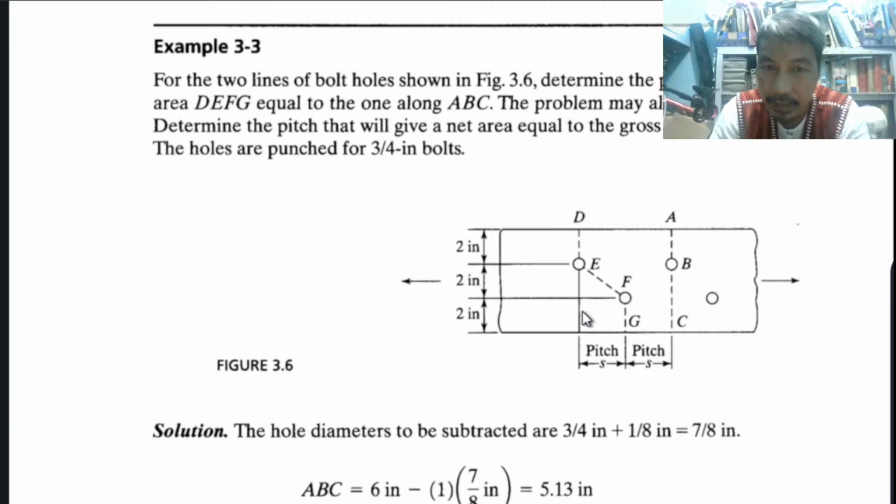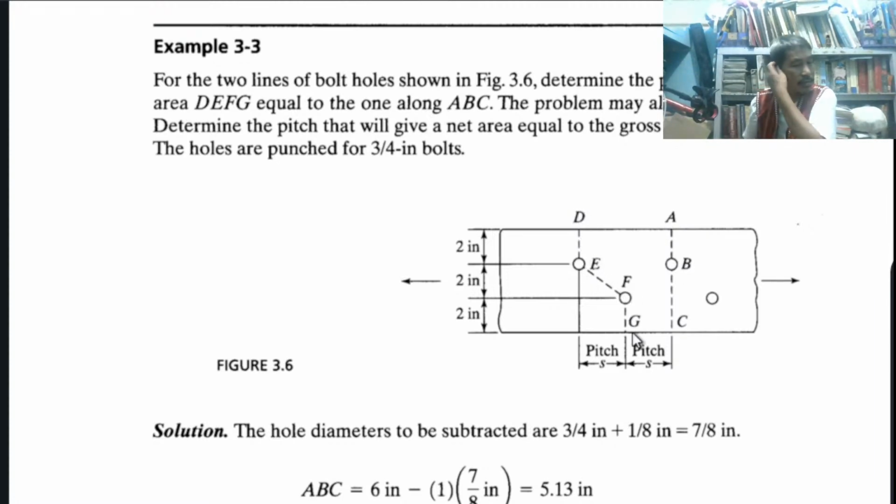So recall the names pitch and gauge. Pitch is longitudinal, gauge is transverse. So how much pitch must be designed so that ABC is equal to DEFG.